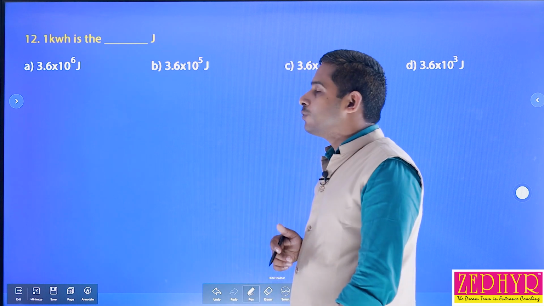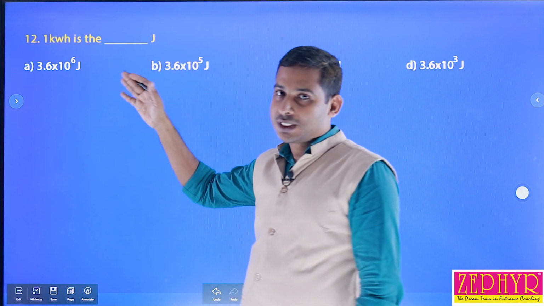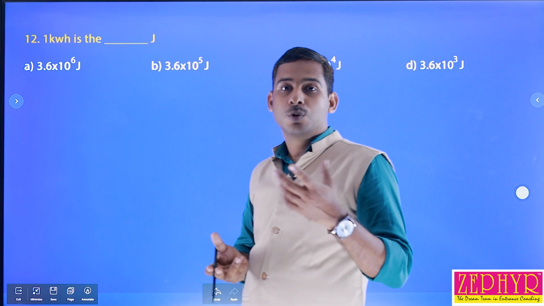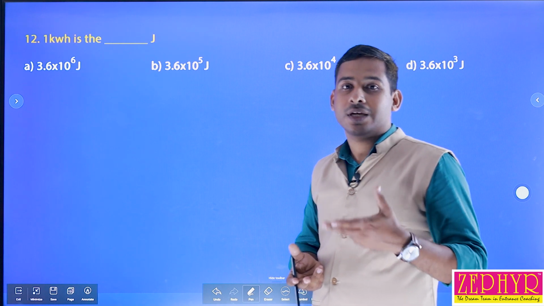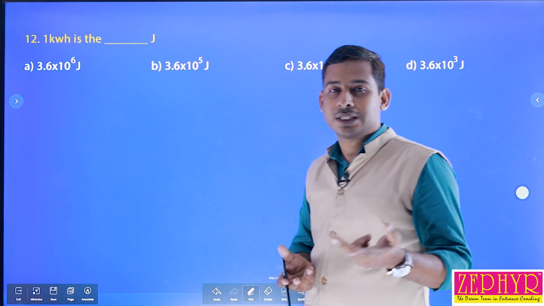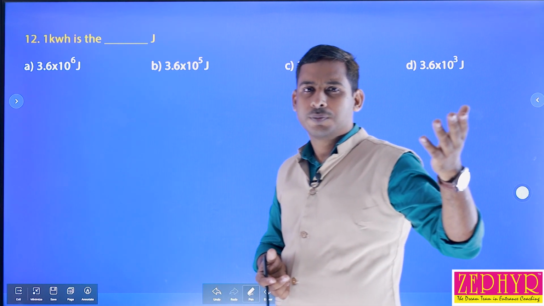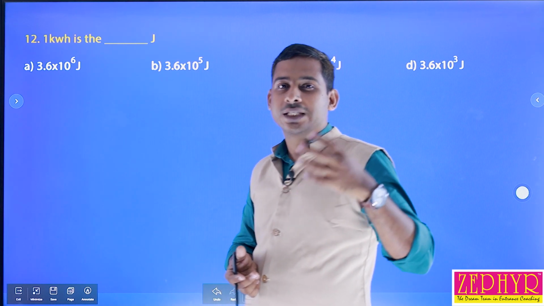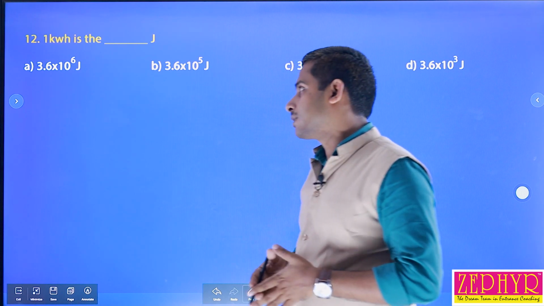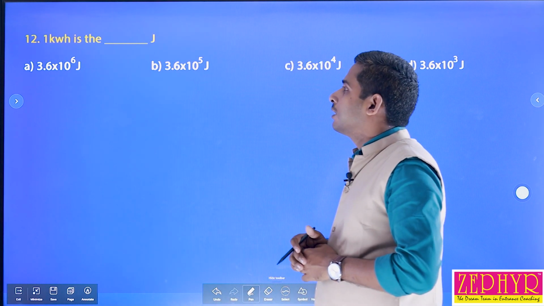Using that meter we can measure how many units of energy we have consumed for our lights, fans, air conditioner, whatever appliances we use. So, it is a unit of energy.